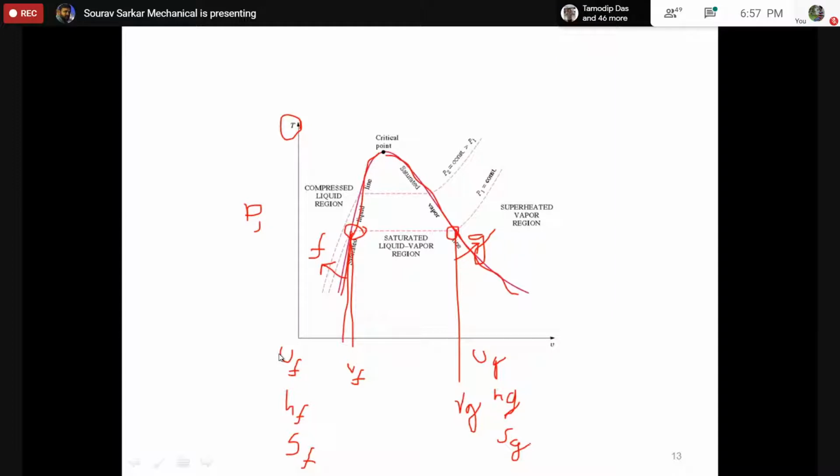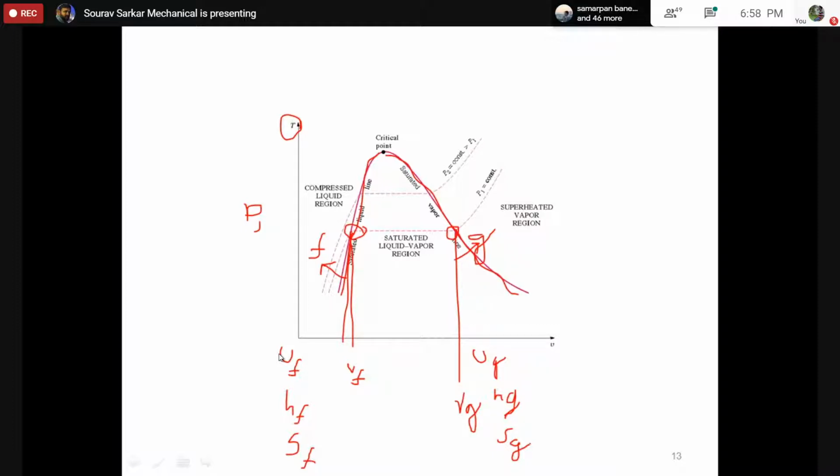Is that right? So if I try to summarize, for every phase change temperature, there will be a phase change pressure. There will be a saturated liquid state. For that saturated liquid state, you have a specific volume, the internal energy, the specific enthalpy, and the specific entropy of that saturated liquid.